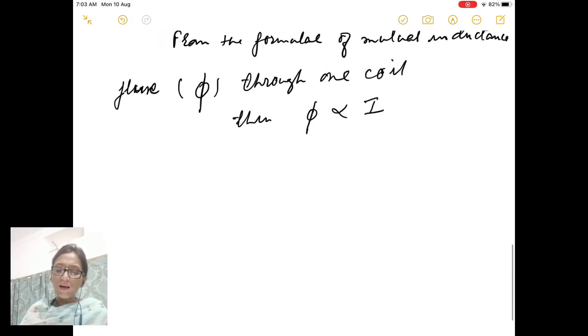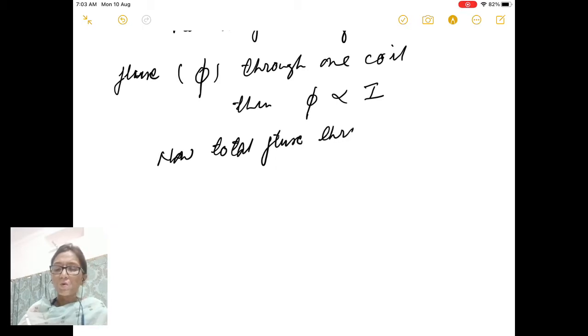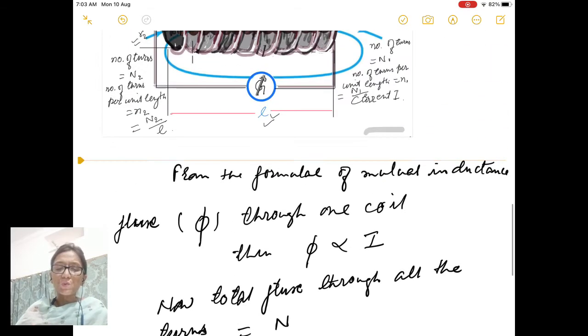So total flux through all the turns is equal to N. This is your secondary coil, so you should write N2.